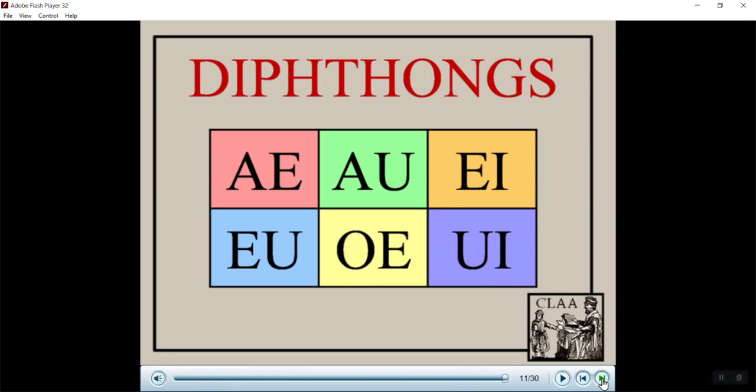So, the 6 Latin diphthongs are I, ow, e, eu, oi, we. Let's try that again. I, ow, e, eu, oi, we. Repeat that until you have them memorized.